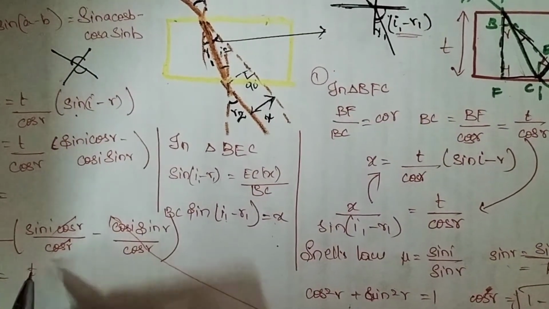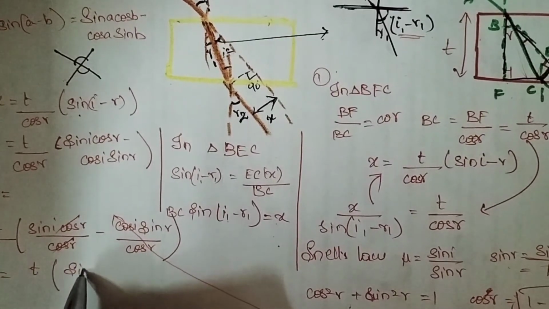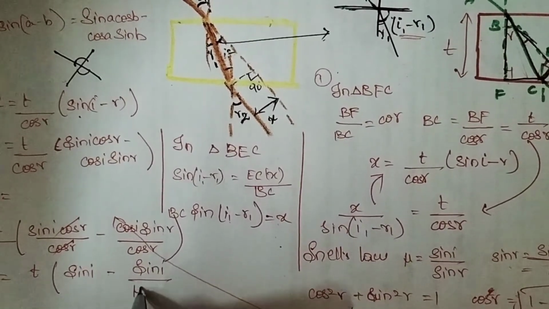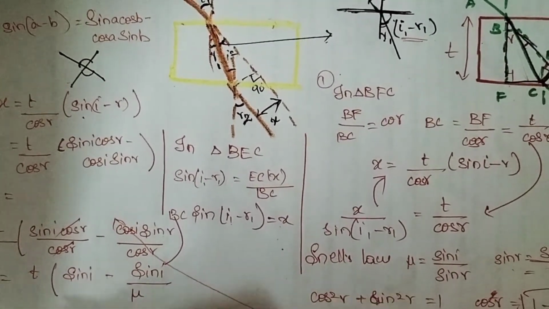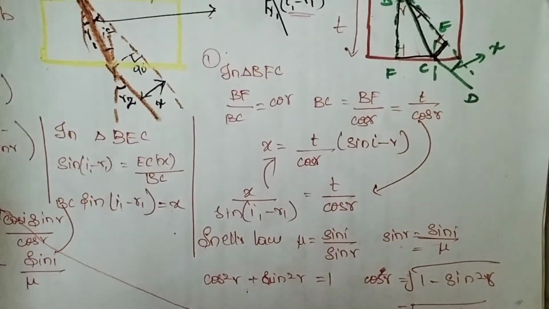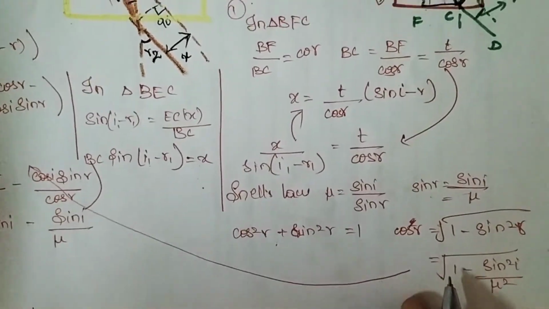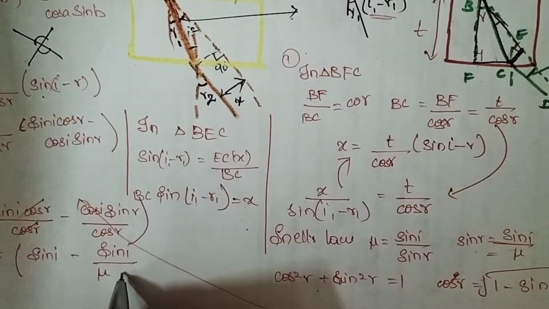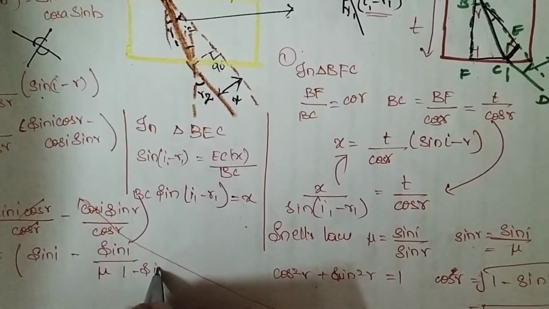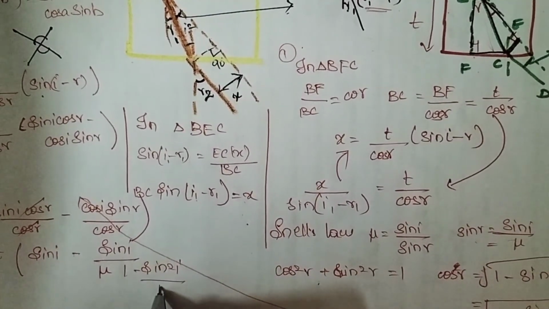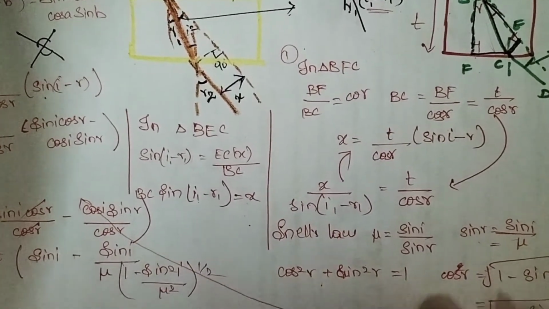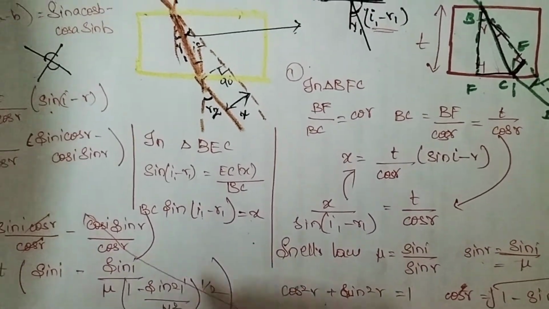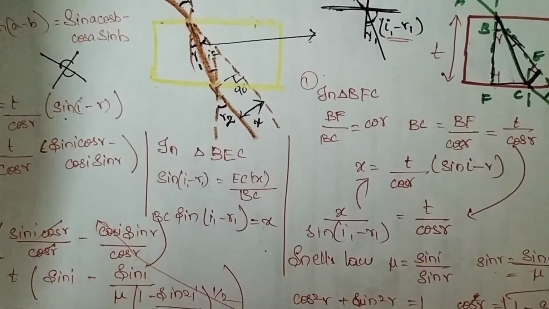So we can write t [sin i minus cos i sin i by nu]. This cos r value we have found as 1 minus sin square i by nu square, to the power half. That is root, no? Root we can write as half. Clear, children? Got this?